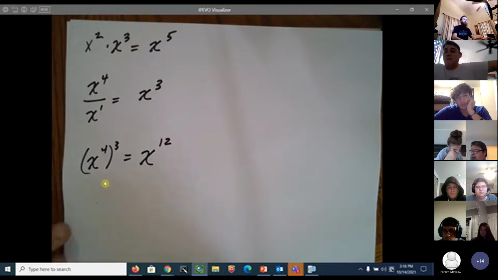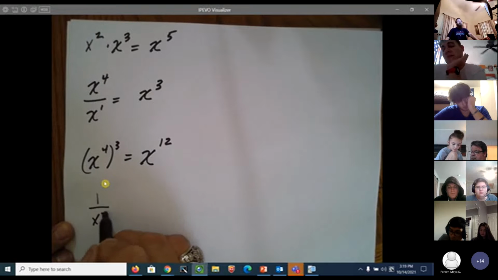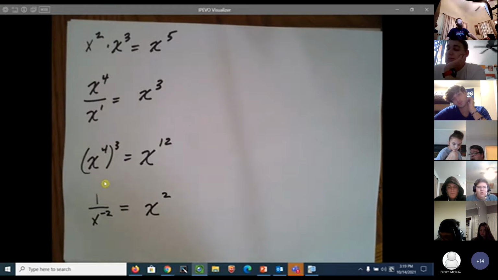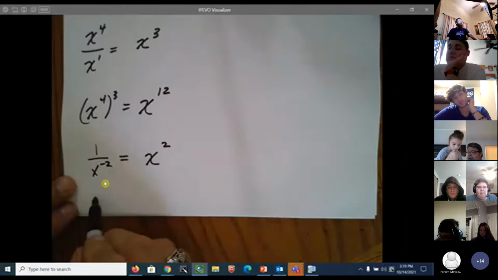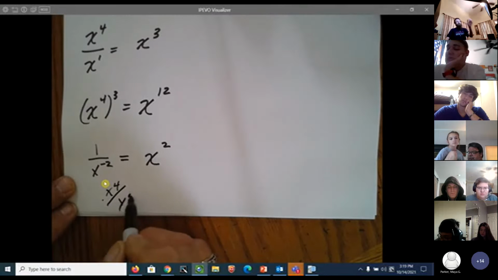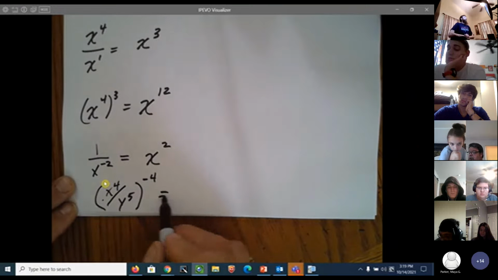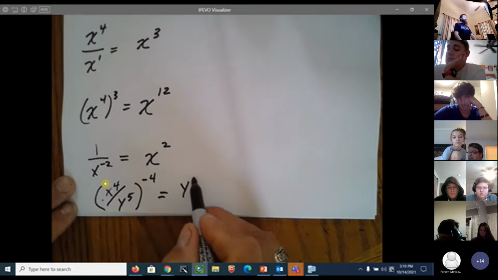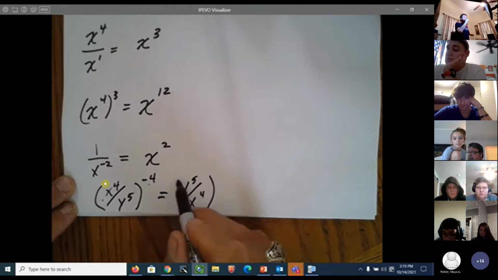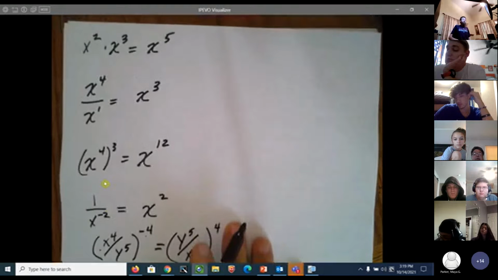You got to remember that you can rewrite a negative exponent by flipping it. And you can rewrite a complex exponent, x to the fourth over y to the fifth raised to the -4th power. You can flip what's inside and the negative becomes positive. So there's your 5, really 6.